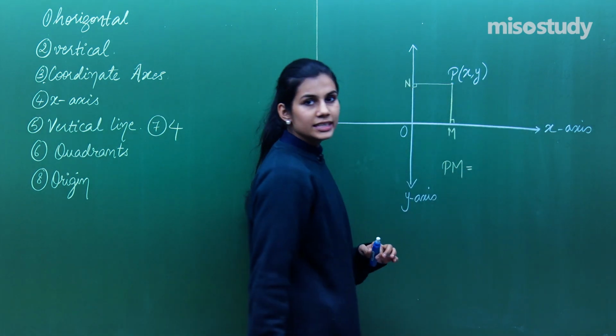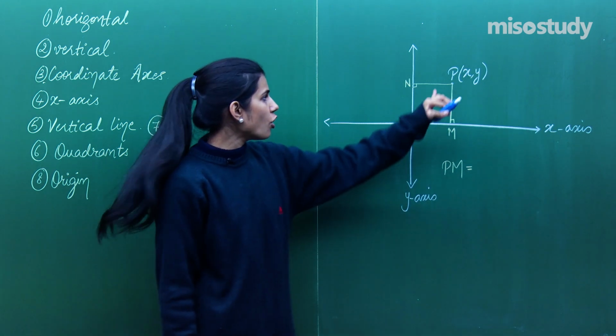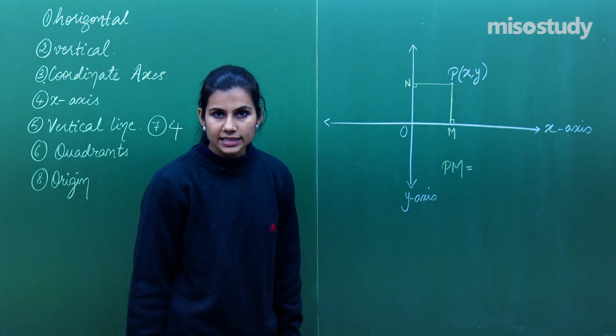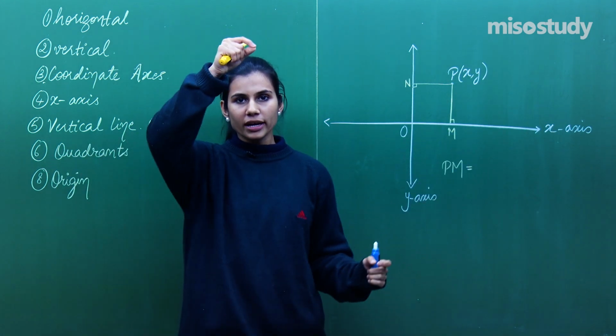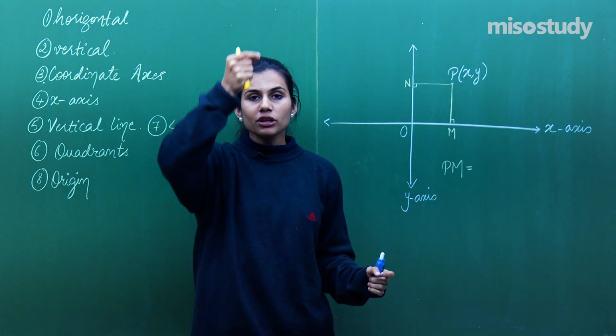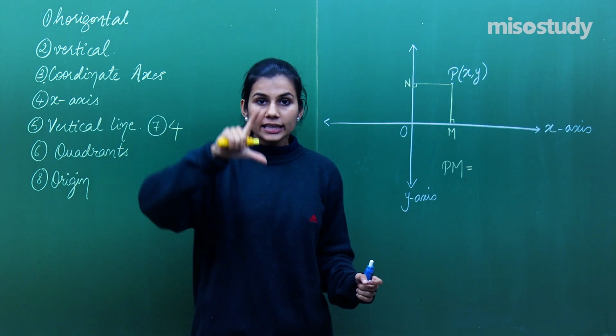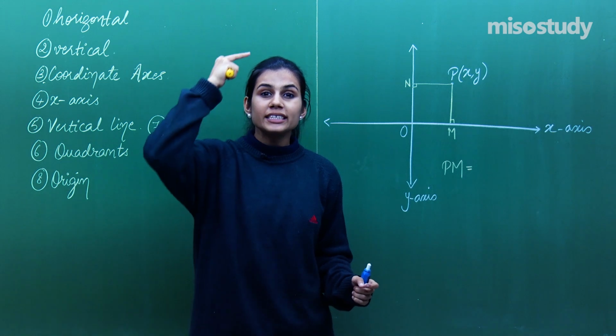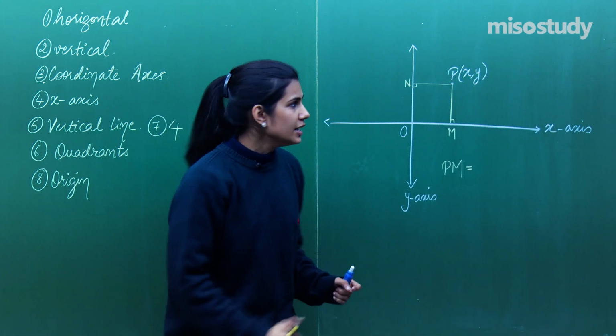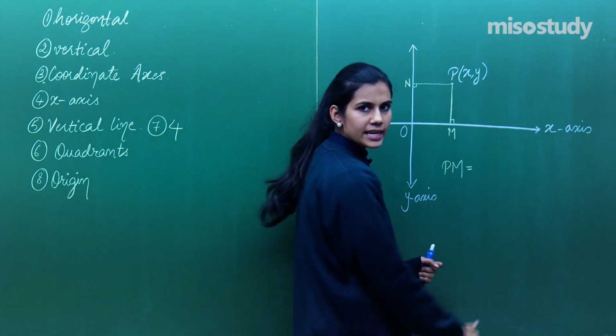PM is the length of the perpendicular drawn from the point onto the x-axis. When you have a line and a point and you draw a perpendicular from the point onto the line, then the length of that perpendicular is called the distance of the point from the line. Right now, the point is P, the line is the x-axis.